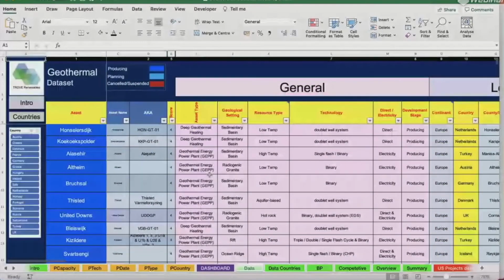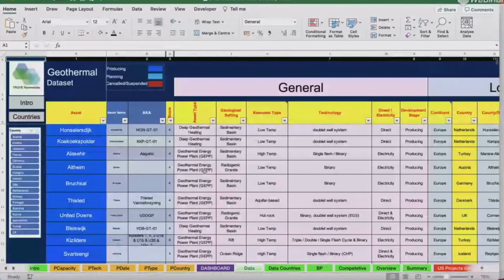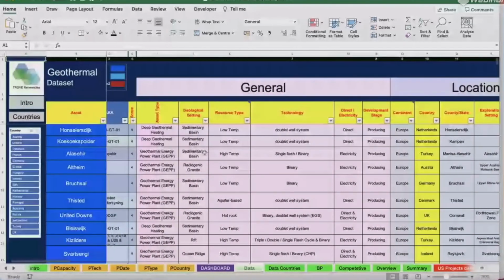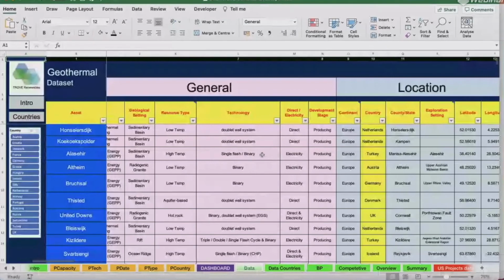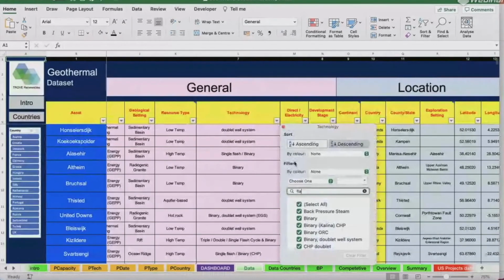So to dive straight into the data table, you can see that this is our list of assets here. And I'll just talk you through the columns that we cover, basically. So we cover asset type, defining whether it's for deep geothermal heating or a power plant or a complex. We cover the geological setting, the resource type that this asset is located on, and then some details on the technology.